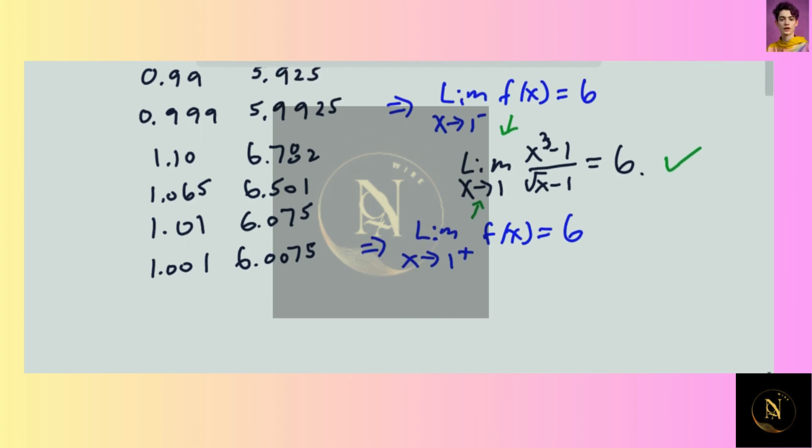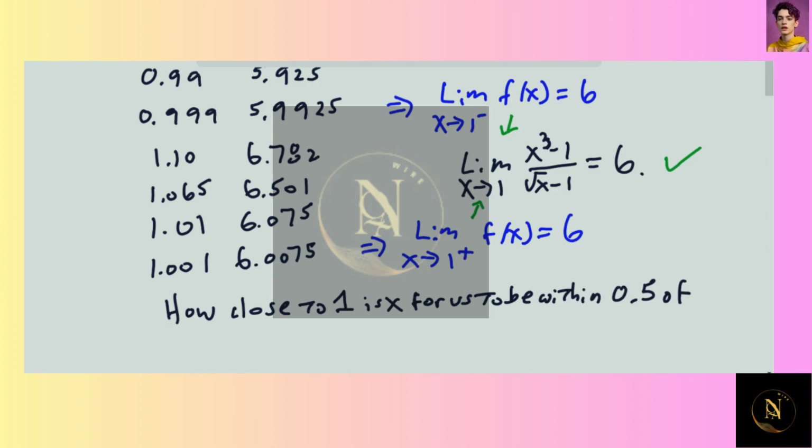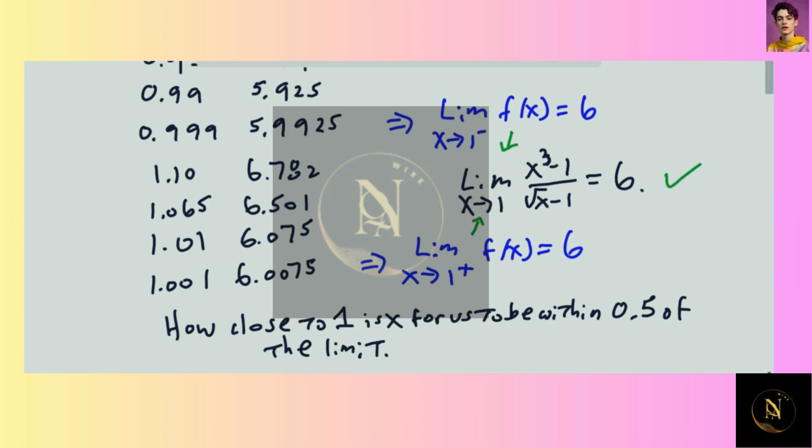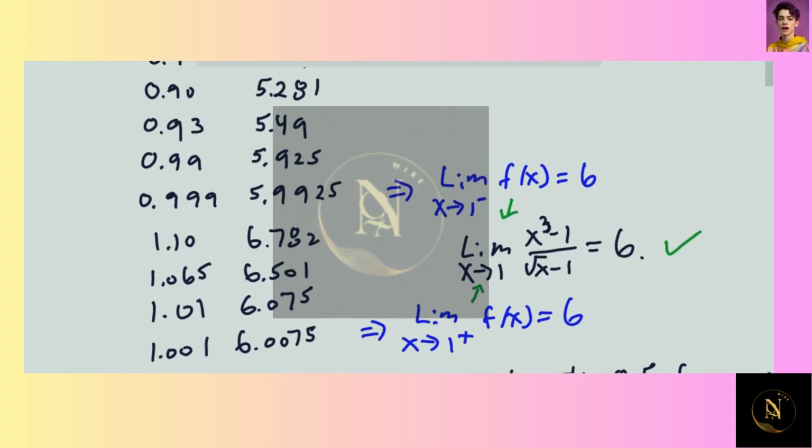Now, the next question we're asked is, how close to 1 is x for us to be within 0.5 of the limit? Well, let's look at the table we made here.